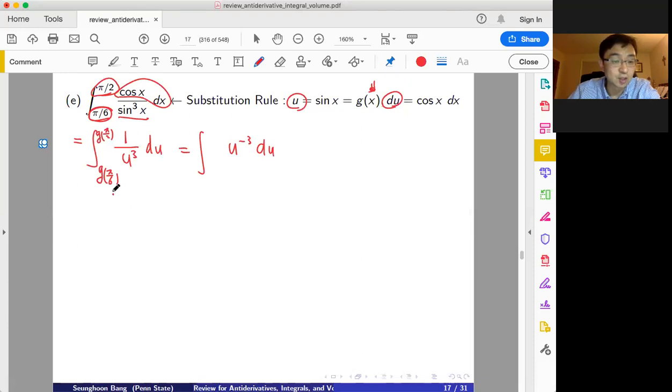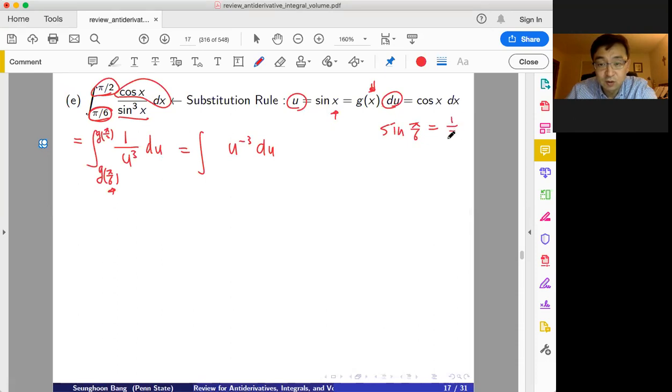What is g of pi over 6? Plug pi over 6 into the sine function. You calculate sine of pi over 6. Do you know sine of pi over 6? Do you remember what the sine of pi over 6 is?